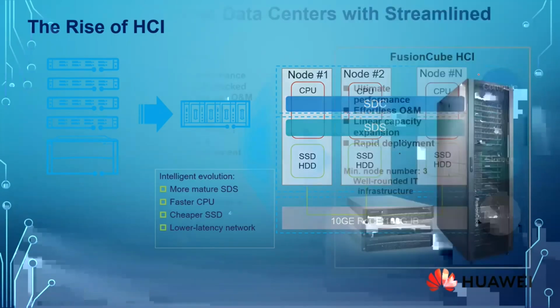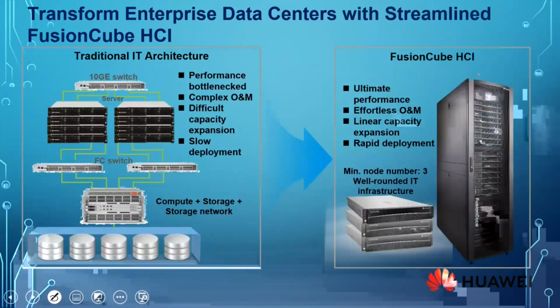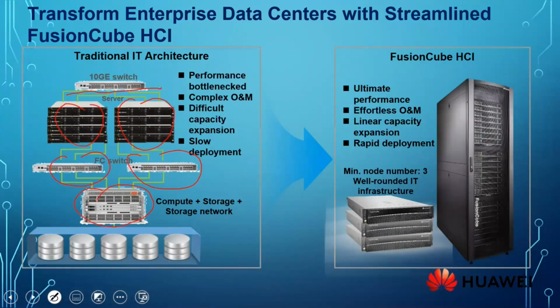In traditional IT architecture, as we can see, we have network switches, servers, and then FC switches and storage. So everything is isolated. What are the issues? We have slow deployment. You have to deploy storage first, configure the SAN switches, and configure the storage.